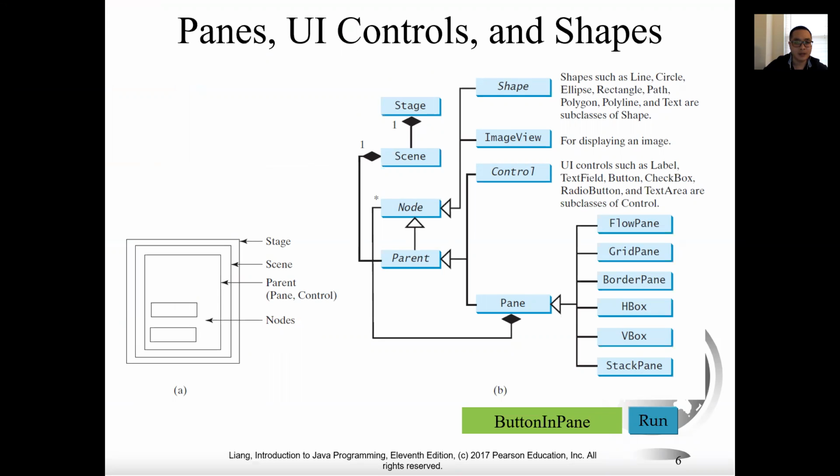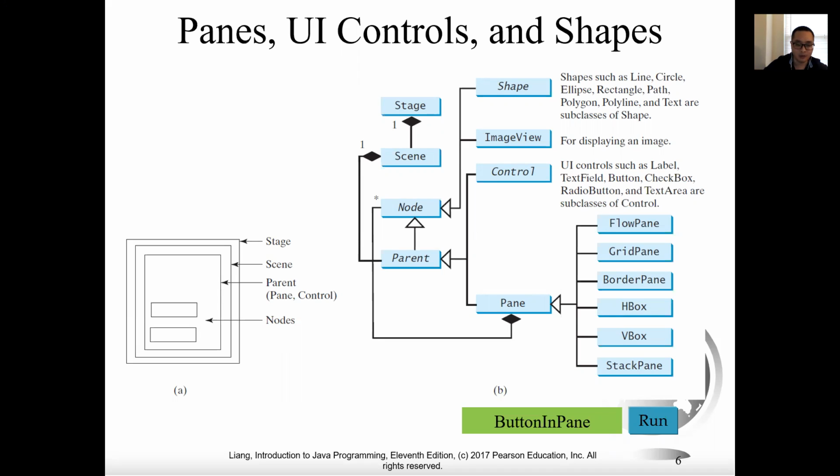And we can see the hierarchical structure of the basic UI components: stage, scene, node, and pane, and also the other UI controls like shape, image view, and control. For the pane, we will talk about it later, which is used to organize the layout of the components in JavaFX.